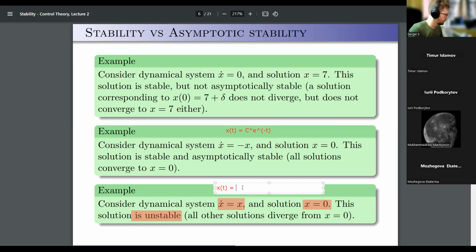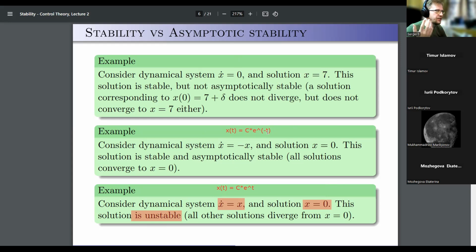Constant times e to the power t, right? E to the power t. Thank you. So it's the same, just t without the minus.